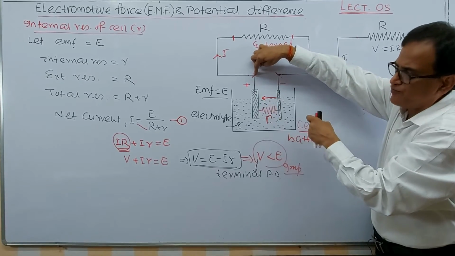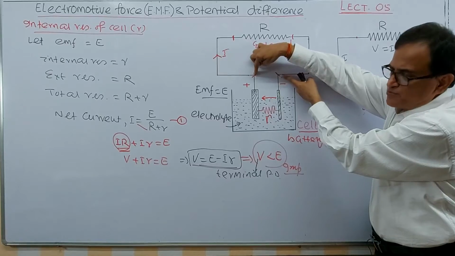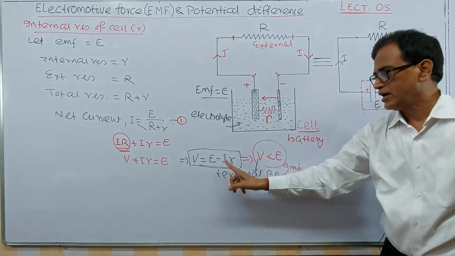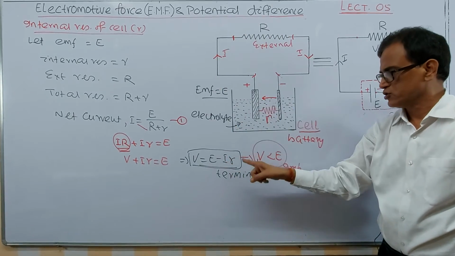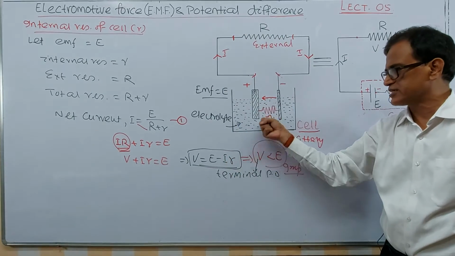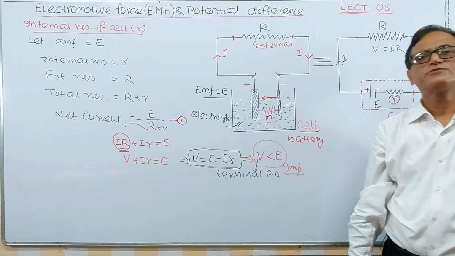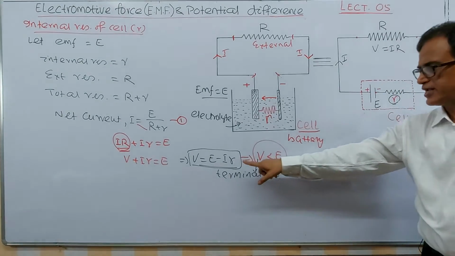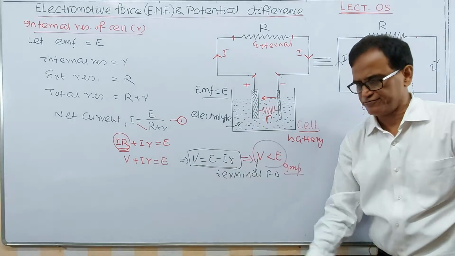Suppose EMF is 1.5 volt, terminal potential difference V. When V is equal to E, it is very easy to see, I cannot be 0 in a circuit. So when r is equal to 0, this resistance can be neglected. That's why if internal resistance is negligible, then terminal potential difference is equal to EMF.